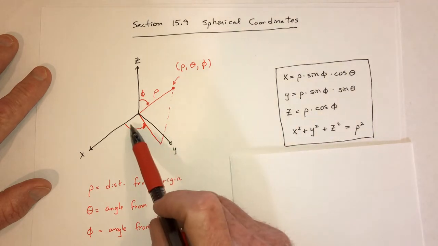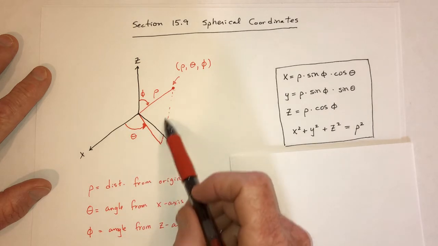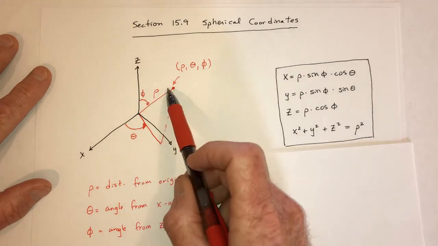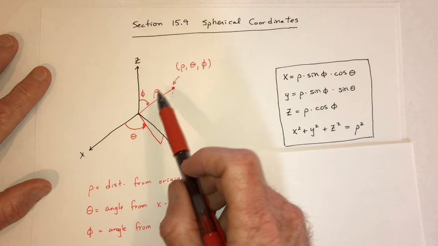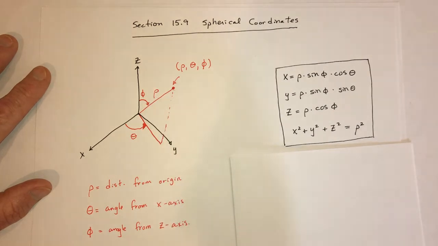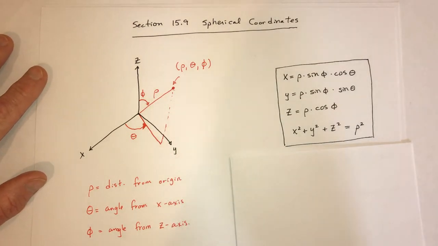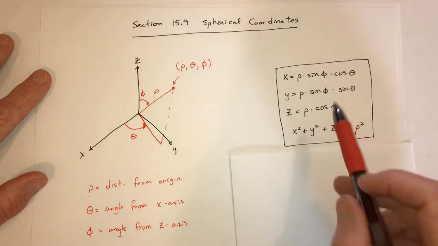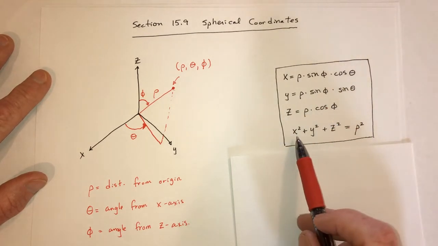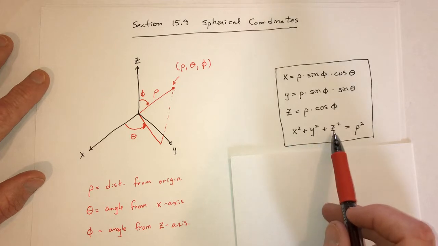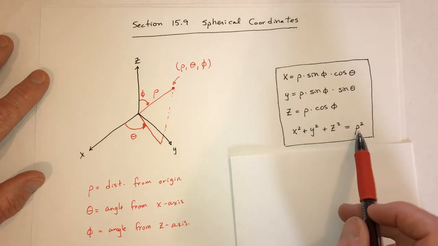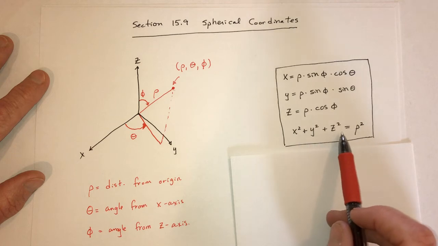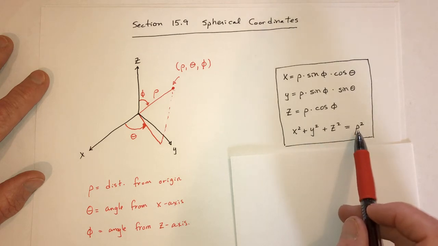It's basically made by making a right triangle in here, and right here, so you make three little right triangles and do basic trig, opposite over hypotenuse and things like that. And because of these trig functions, it turns out that x squared plus y squared plus z squared equals rho squared. That is the equation for a sphere.